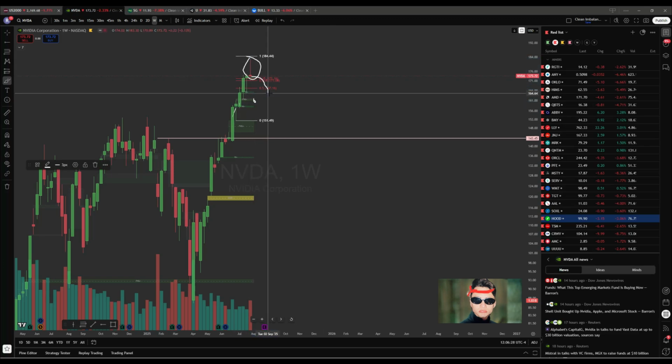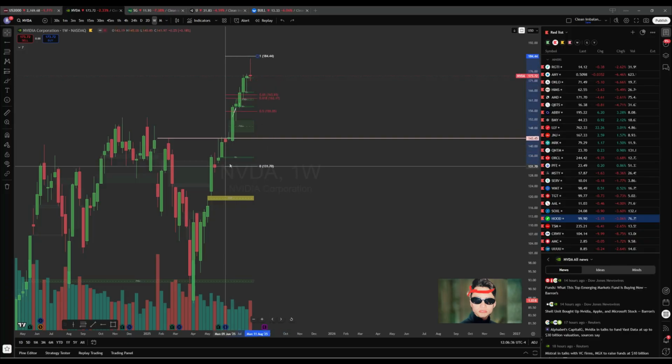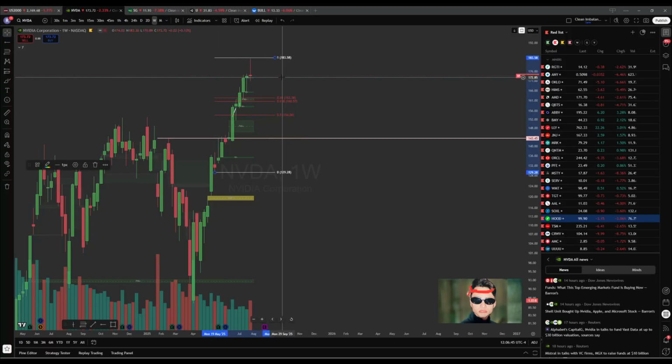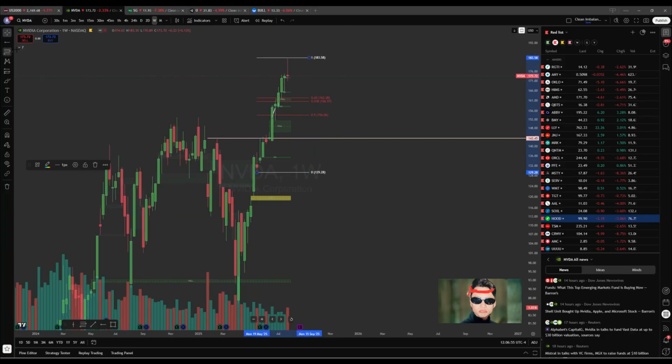So maybe that's something like this before coming back up. Let's see. Yeah, so we have confluence here. Yep, so Nvidia, that's a gravestone doji. It's not looking good for it. Maybe wait for a test and long 160.